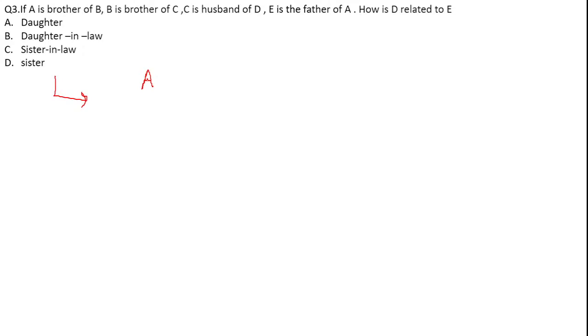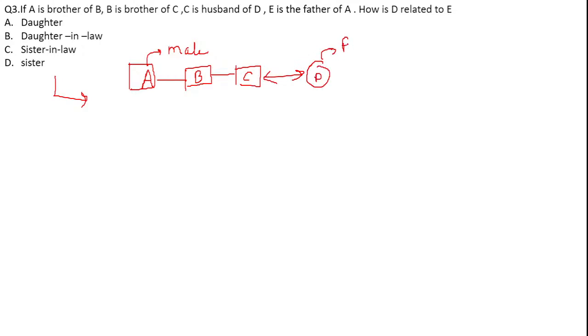So basically, A is brother of B, again B is brother of C, C is a husband of D, so D is female.